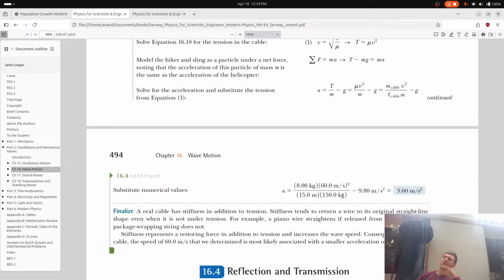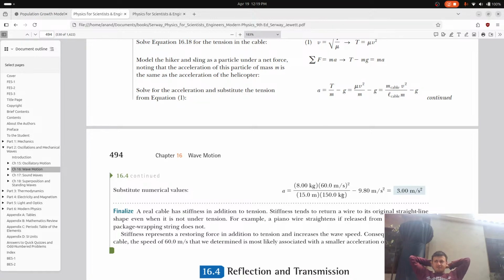And knowing the wave speed, so the real problem is then determining what the tension in the string is, because we don't know the tension in the string, and we don't know.